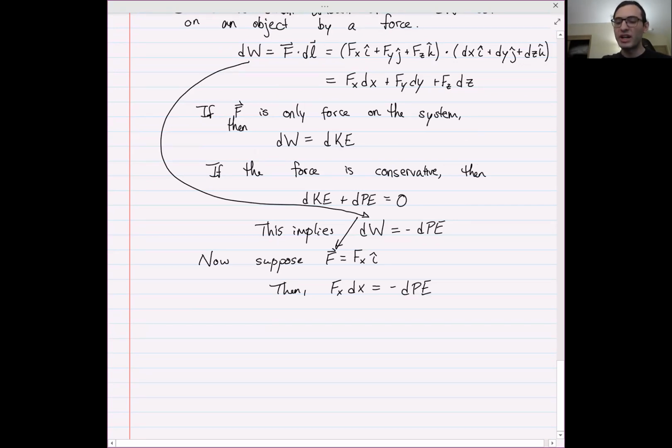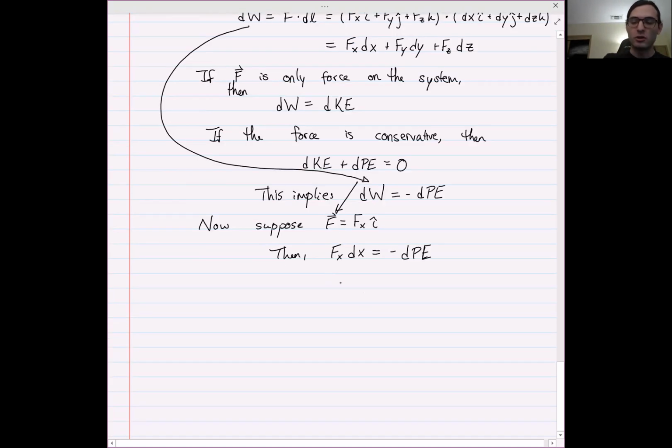It's equal to the negative of a small change in potential energy. And so we can cheat, do some rearranging that you're typically not allowed to do, and you find that the force in the x direction is the negative of the small change in potential energy divided by the distance traveled. Or, put another way, it is the negative derivative of potential energy with respect to x.